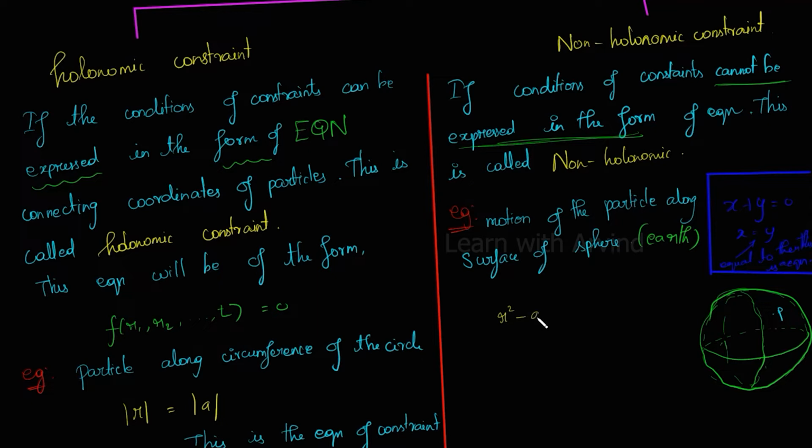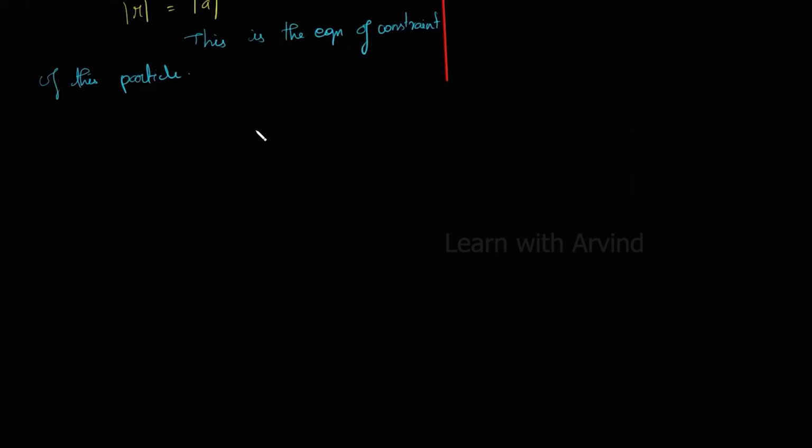That is, r can be equal to the radius of the sphere and you could go greater than the radius of the sphere, but you could not go lesser than this. This is what this equation means. So here there is no equal to, it's greater than or equal to. This is how a non-holonomic constraint would look.